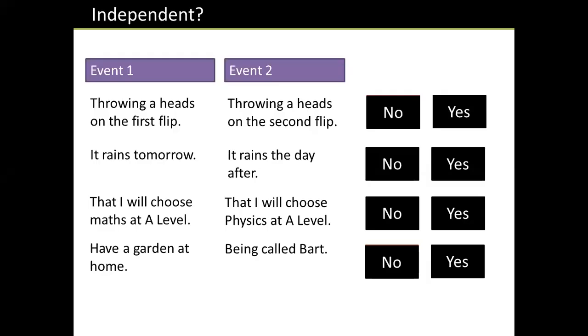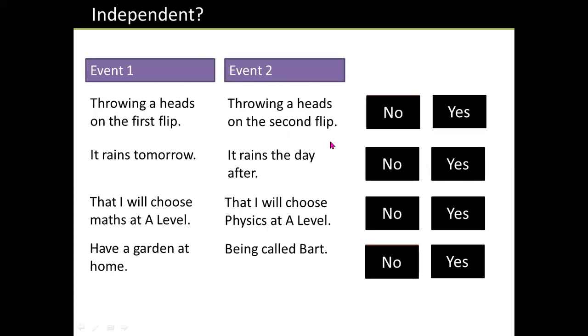Let us try to identify whether the following are dependent or independent events. Take note, independent means separate and is not dependent on the other. For example, event 1, throwing a head on the first flip, and event 2, throwing a head on the second flip.